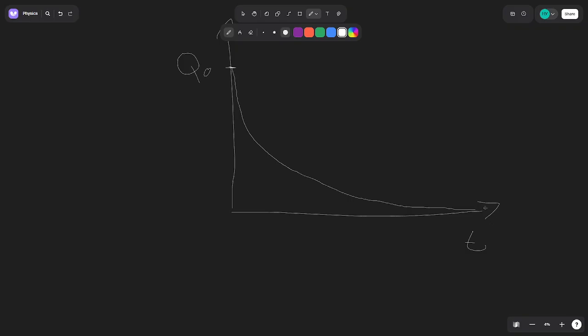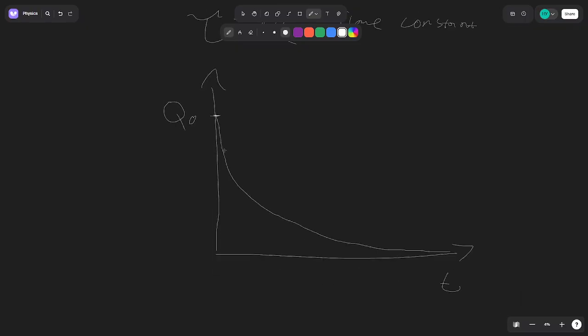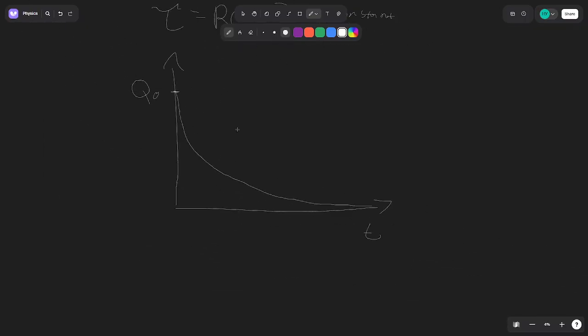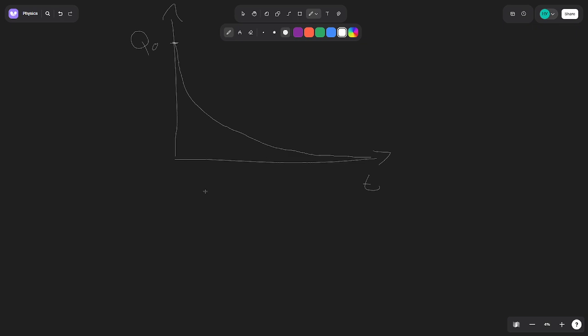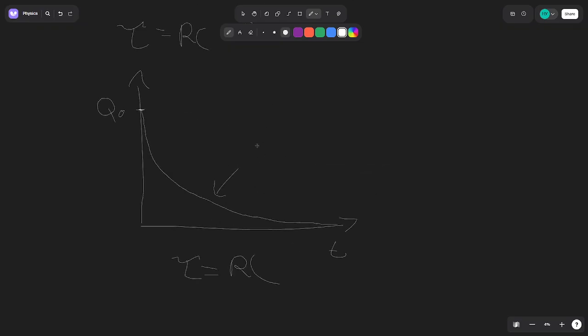From this point to this, depending on the time. So it happens with a time constant that equals RC. And here, this is Q0, right?